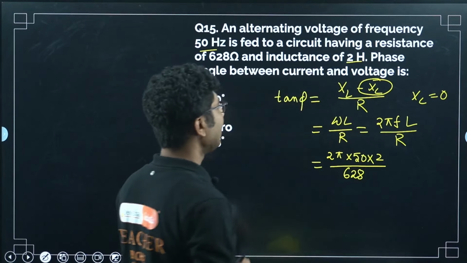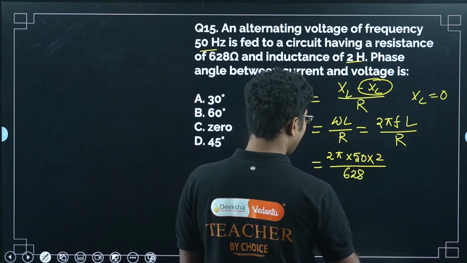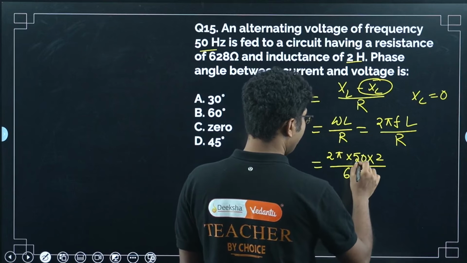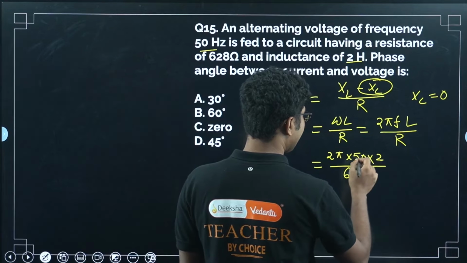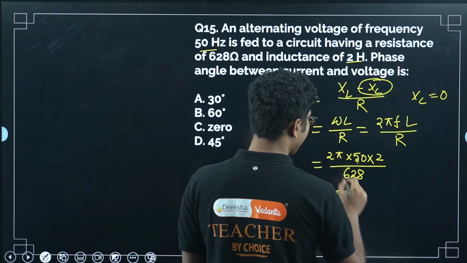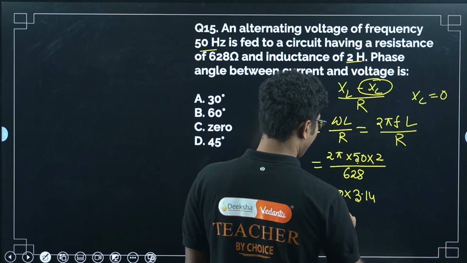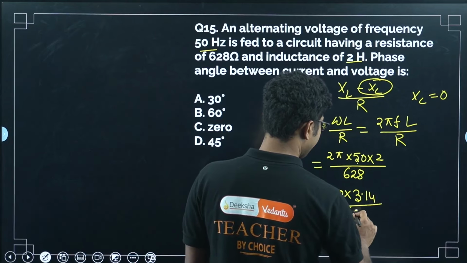Okay, so this is the phase angle. So what we will do? 50 times 2 is 100, 100 times 2 is 200, 200 times pi is 3.14 by 628.